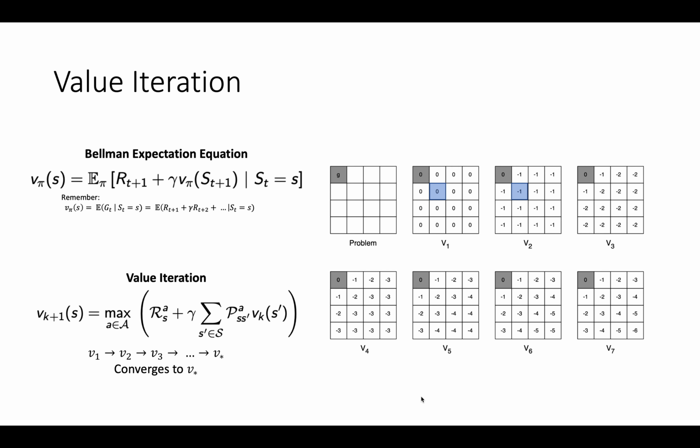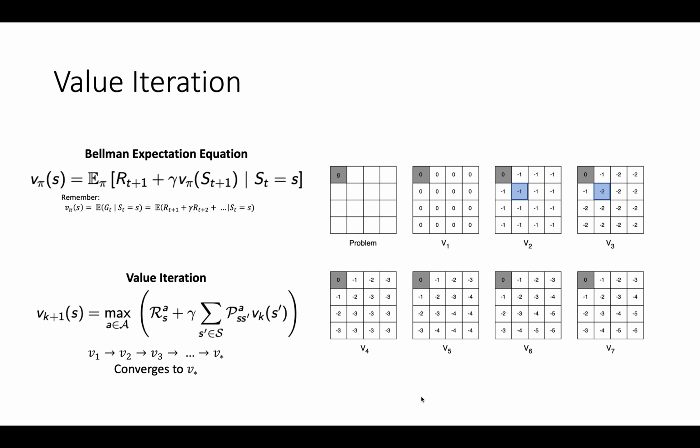First we initialize all state values to 0, and let's go over this first iteration. We have to choose the action that maximizes the reward plus the value at the next state. Also we're just considering this discount factor to be 1 for simplicity here. At this first time step, it doesn't really matter what action we take. We always get a reward of -1, and the value of the next state is going to be 0. So we update this state to be -1.